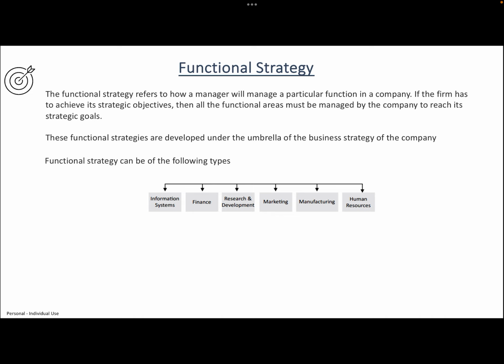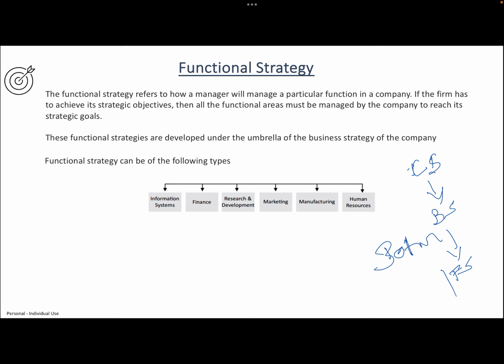Functional strategy is a bottom level strategy. We saw in the hierarchy that corporate strategy is the first level, followed by business level strategy, and then the strategy for each of the functional departments.